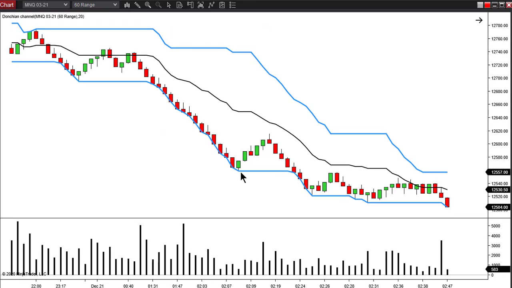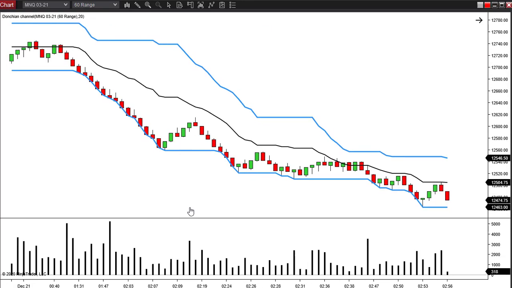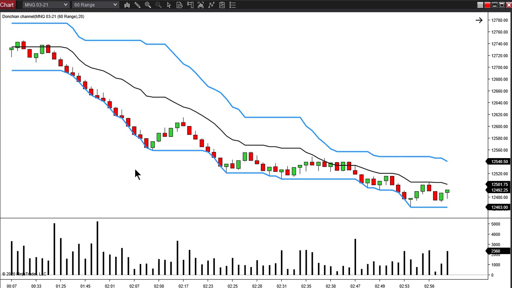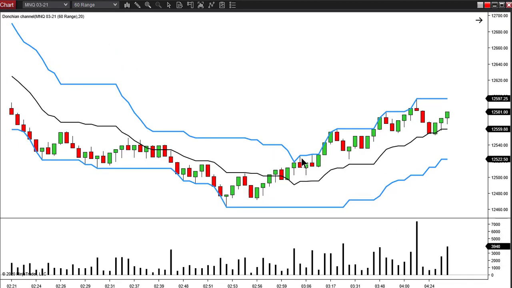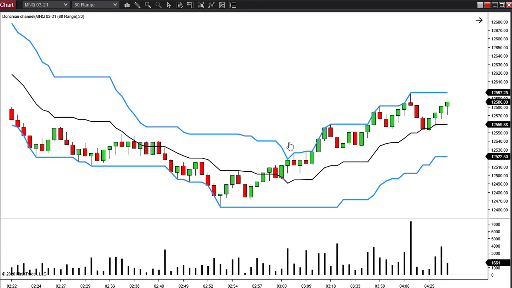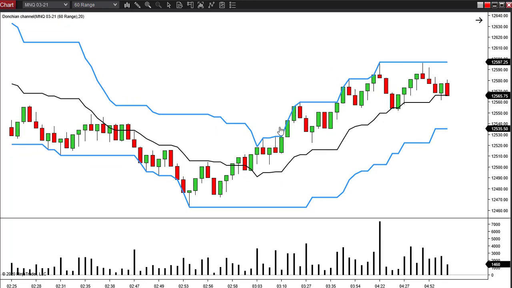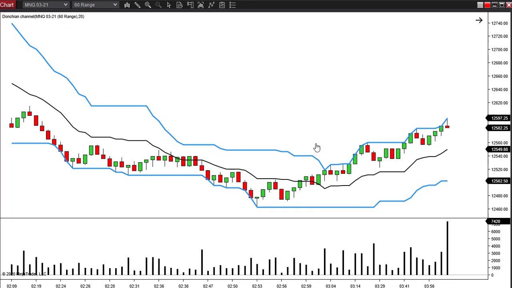Okay, and then again, boom, retrace, boom, retrace. Now, just like anything, the longer the trend continues, the less likely it is to continue. But notice up here, if you look at the top line, the upper channel has never gone back up, right? It doesn't go back up until you get here. And so then that's where some people will get out. To me, that's a little late to the party.